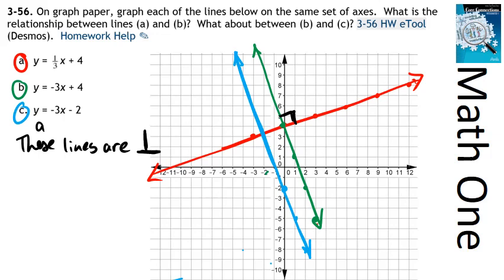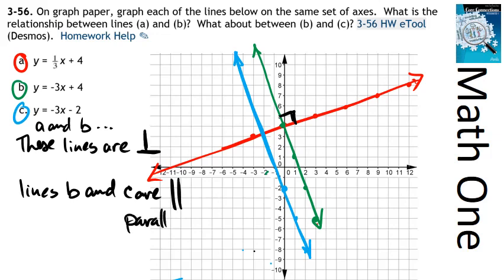Let's see, the other question they said is, what about between B and C? Oh, the lines B and C are parallel. This is the symbol for parallel, like that. Parallel.